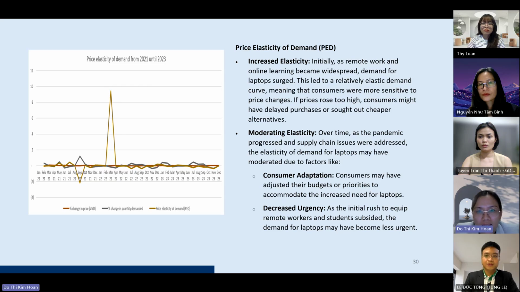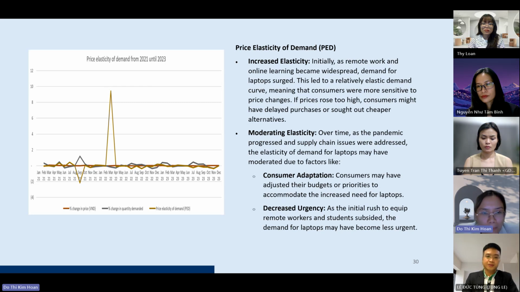Another thing happened: more inelastic demand, time by time, as the pandemic reset and supply chain issues were addressed. The elasticity of demand for laptops might have moderated due to factors like customer adaptation.